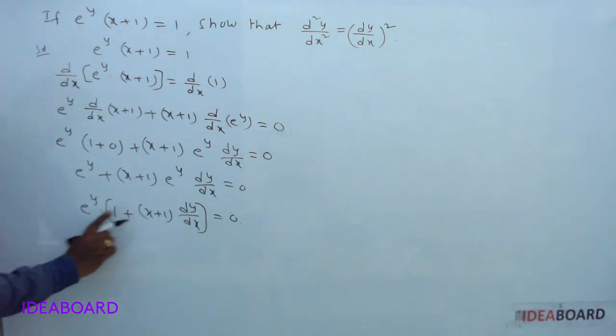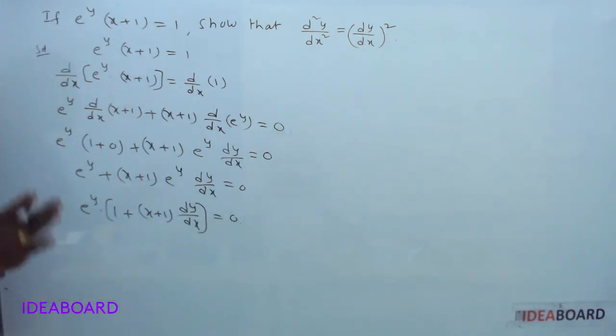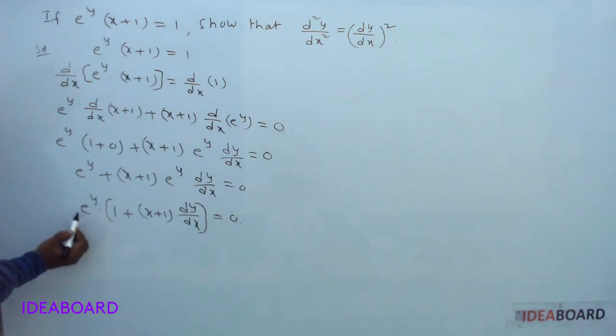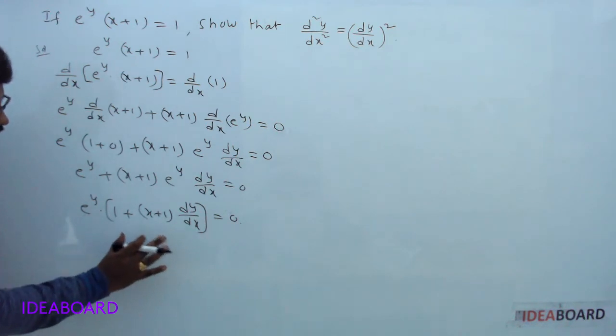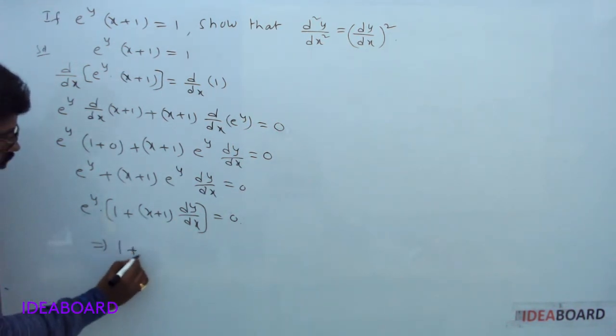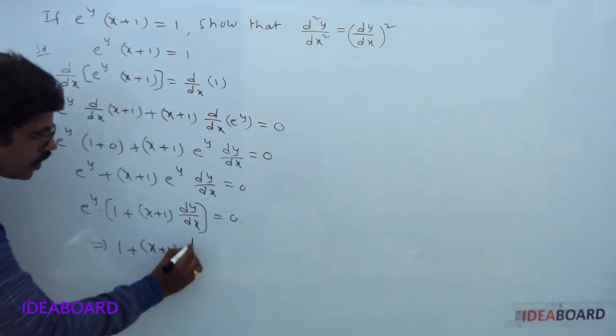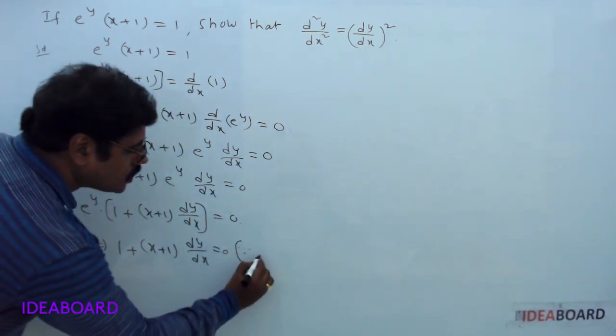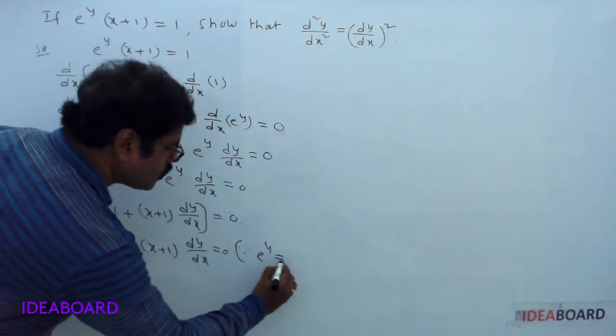So product AB equal to 0 means either A equals 0 or B equals 0. But here e^y is the exponential function. This value is always positive, so it cannot be 0. So definitely the other term must be equal to 0. This implies 1 + (x + 1) dy/dx = 0, since e^y cannot be 0.